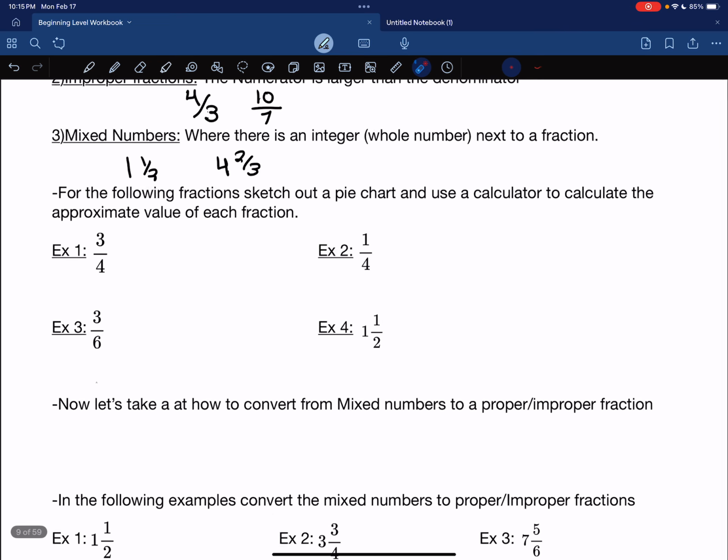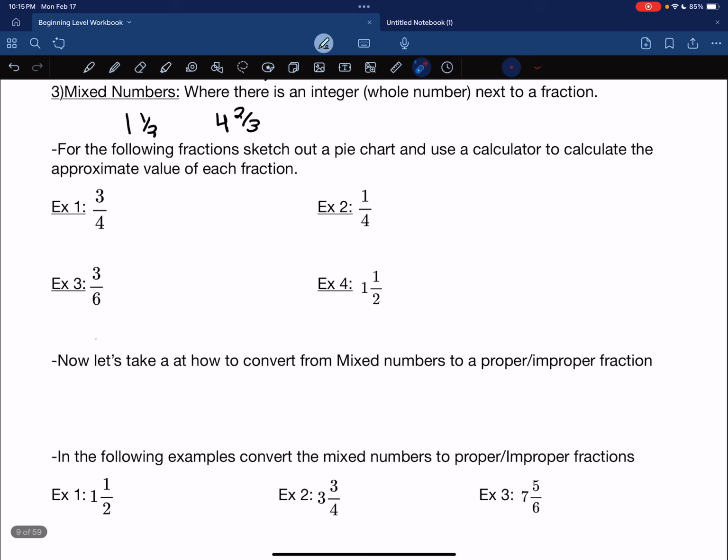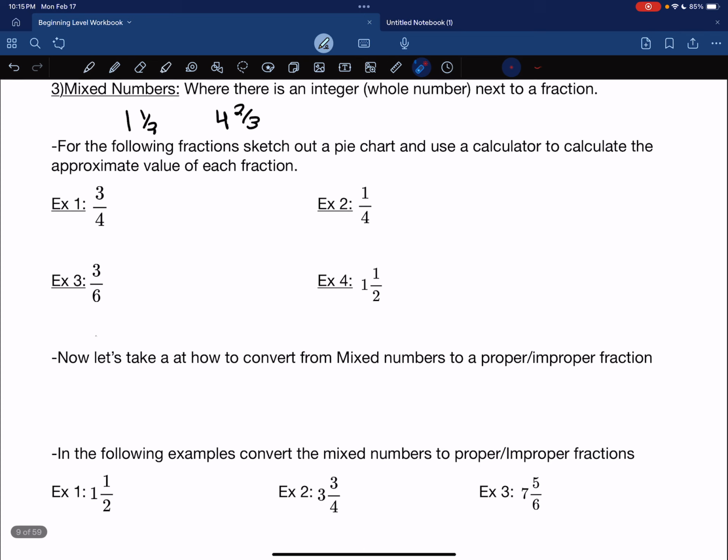So for this first section, let's go through these fractions, sketch out a pie chart, and use a calculator to calculate the approximate value of each fraction. Whenever you want to sketch out a pie chart, you first take a look at the denominator.